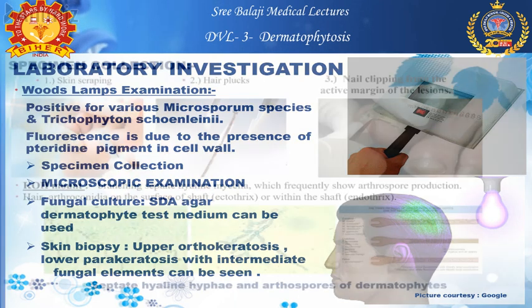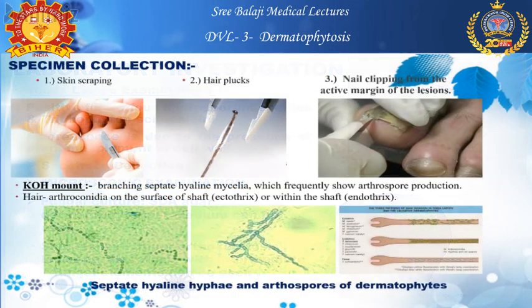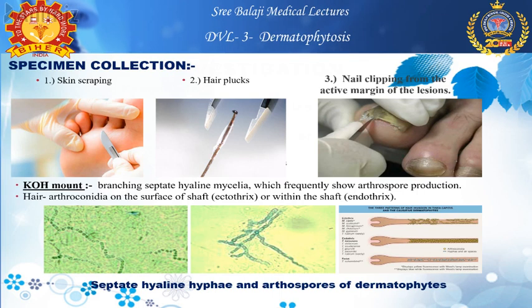To collect the specimen for KOH examination, we scrape the lesions, and you can also pluck the hair, and go for nail clipping from the active margins of the lesions in onychomycosis, that is, tinea unguium. For skin scrapings, direct examination is done with 10% KOH.